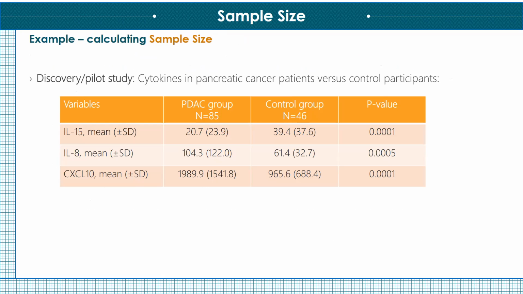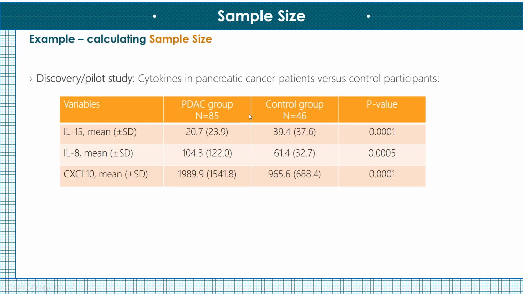So this data is from a discovery or pilot study. So basically, we analyzed some cytokines in pancreatic cancer patients versus our control participants. We looked at IL-15, IL-8, and CXCL10. So from our pilot study, you'll see that our control group had 46 patients and our pancreatic cancer group had 85 patients. So this is almost a 2-to-1 ratio.